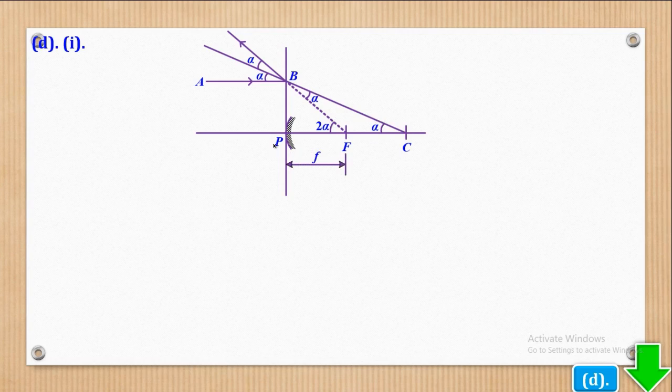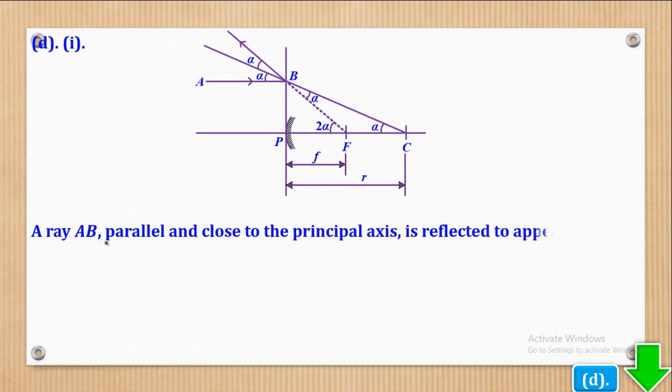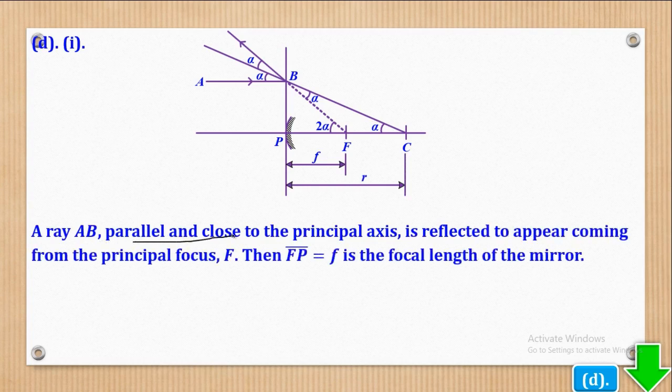So the distance between FP is the focal length, and between C and P is R, which is the radius of curvature. So we shall come here and say that a ray AB parallel and close to the principal axis is reflected to appear coming from the principal focus.